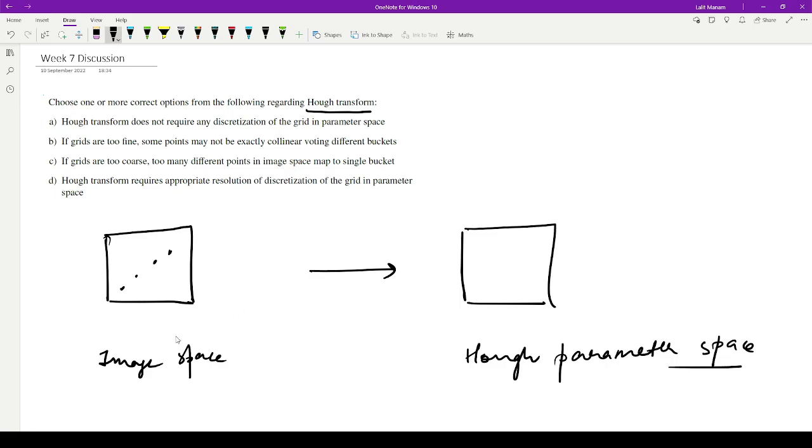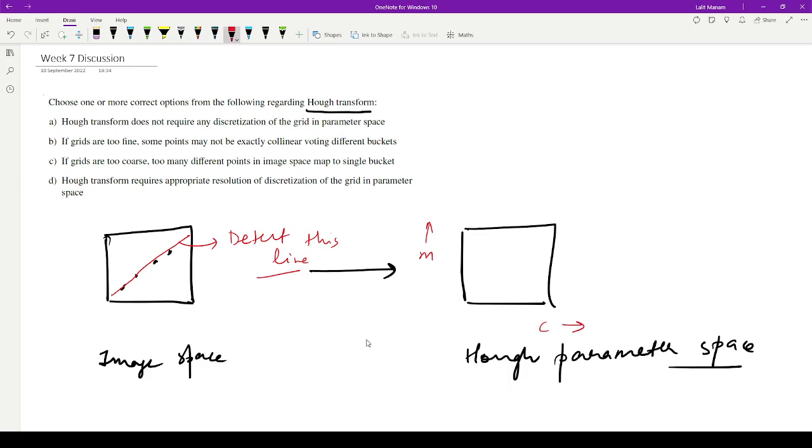For the given case, we take points which lie on a line. We want to detect this line, which means we want to find the parameters of the line. For a line, we generally have two parameters. I can take these as M and C.